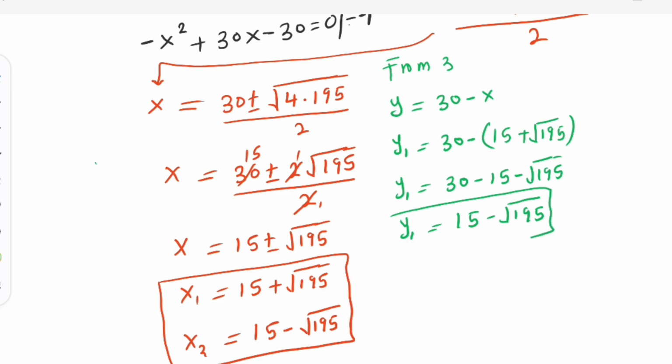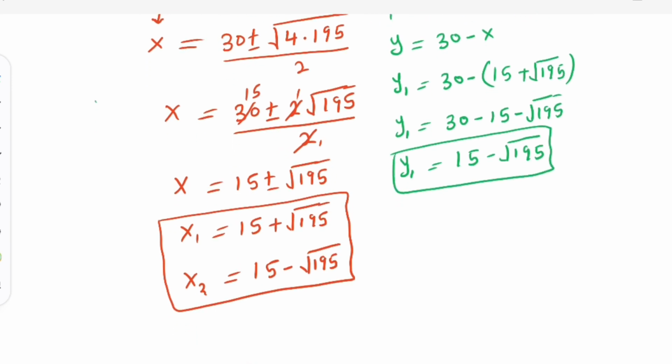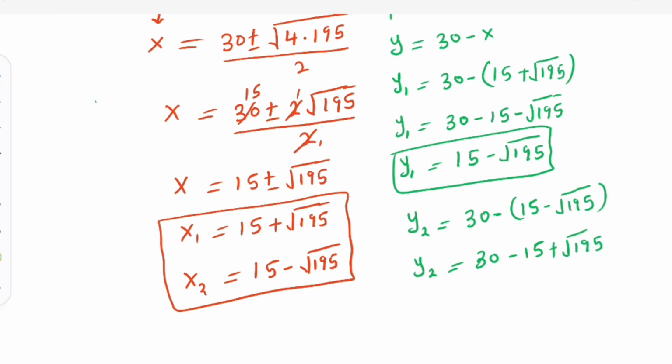This is the value of y1. Also, y2 is equal to 30 minus x2, which is 15 minus square root of 195. y2 is equal to 30 minus 15 plus root 195. y2 is equal to 30 minus 15, this is 15 plus square root of 195.